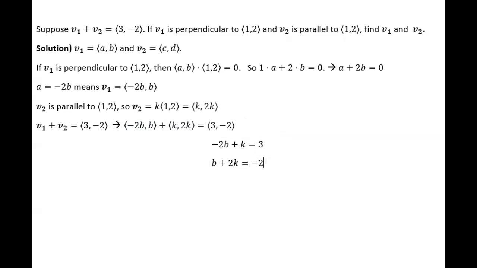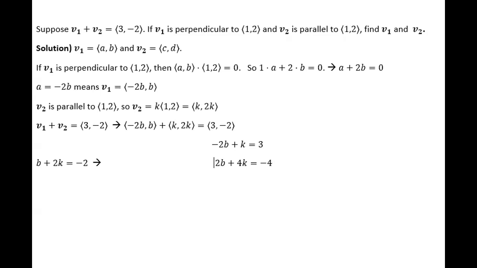So we're almost there. What I want to do is rewrite this as 2B. If I double this B plus 2k equals negative 2, I'm going to write 2B plus 4k equals negative 4. Right? If I double the B, it's 2B, double 2k, it's 4k, negative 2, it's negative 4.